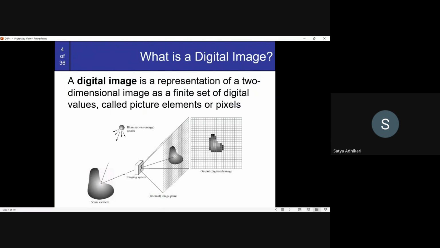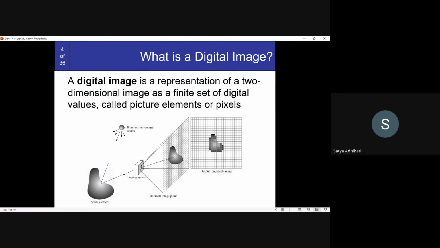Then what is a digital image? Because we are processing a digital image here. It is a representation of a two-dimensional image as a finite set of digital values called picture elements or pixels.